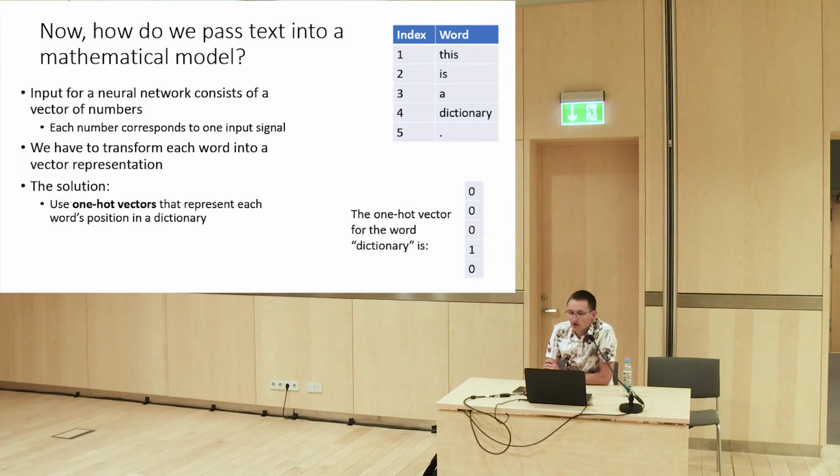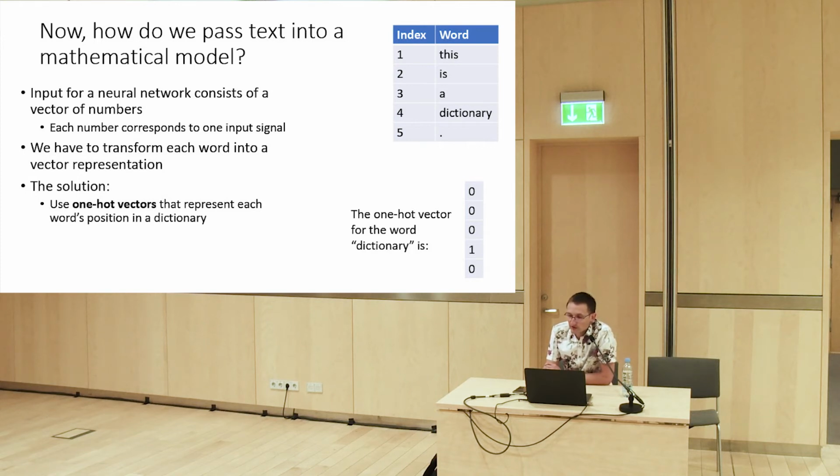So the solution for our case is to use one-hot vectors, and it's probably similar to other natural language processing tasks, where each word in a dictionary corresponds to a certain position. So here you see an example of a dictionary. It consists of 5 tokens. Each of the tokens has an index, a position in the dictionary.